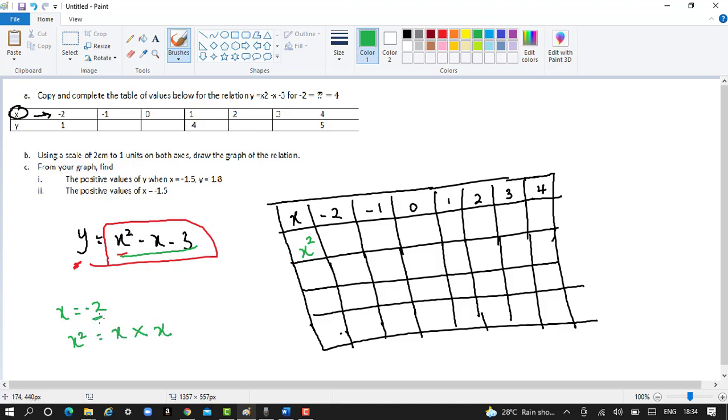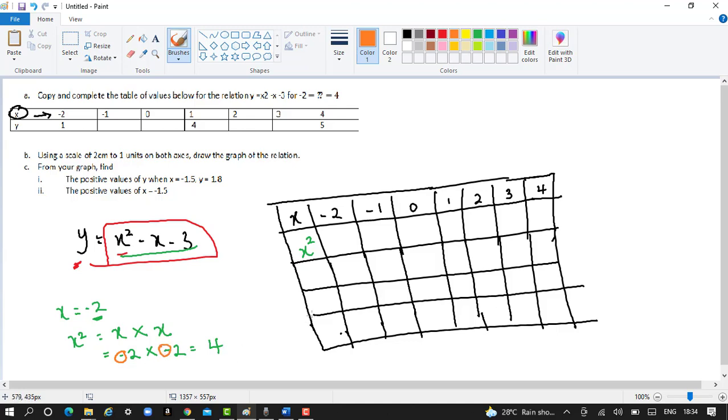So in the case where we have -2, we're going to get -2 by -2. And therefore, -2 by -2 is going to give us +4, because we have a negative sign and a negative sign here.